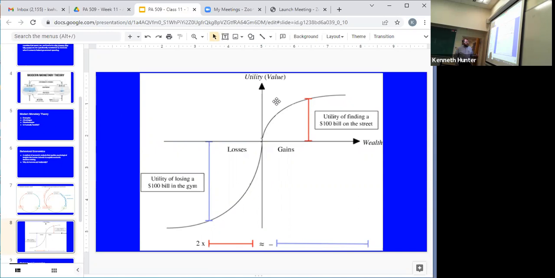In this particular case, it involves a $100 bill. Let's say you're at the gym or at the grocery store, wherever the case may be, and you lose $100. There is certainly a loss to that, and that loss is felt, but it's actually felt faster. It's more logarithmic, in that it's felt faster at a point before you get to it from a linear perspective.